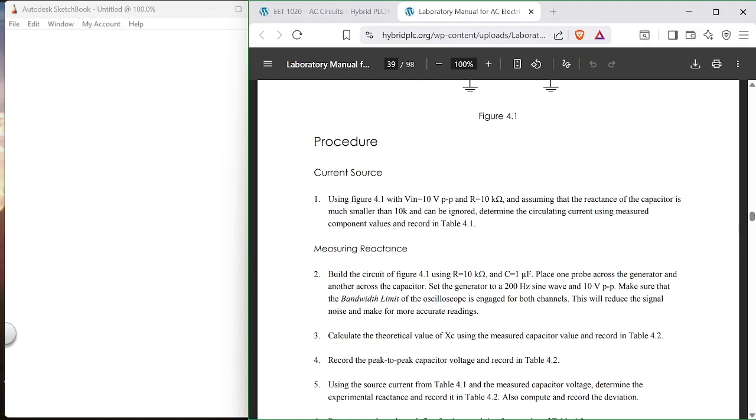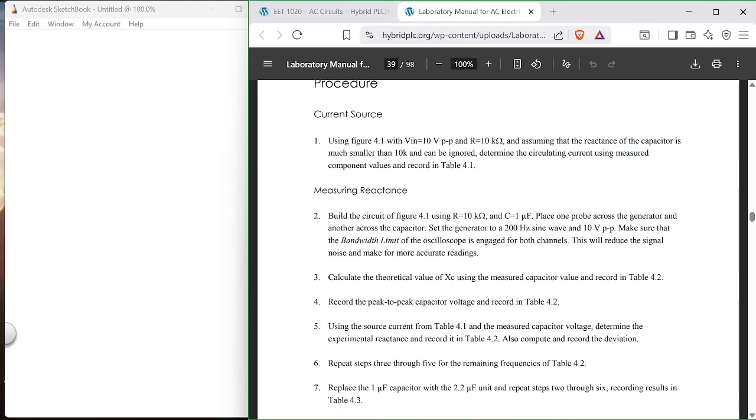Okay, now I just went across the generator and went across the capacitor.